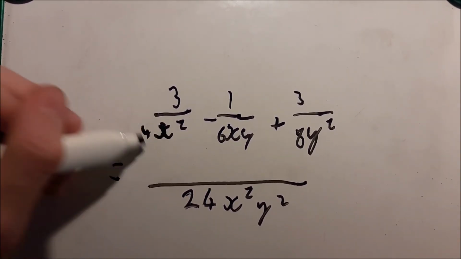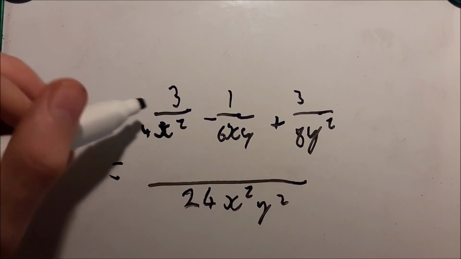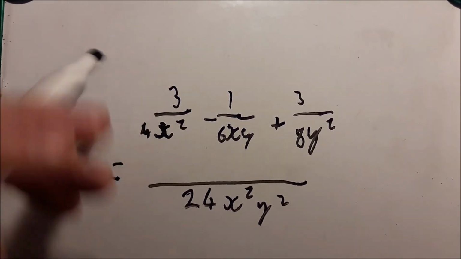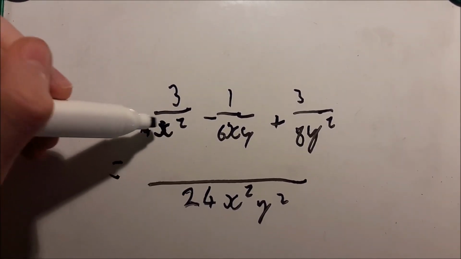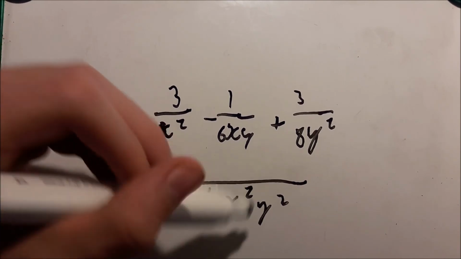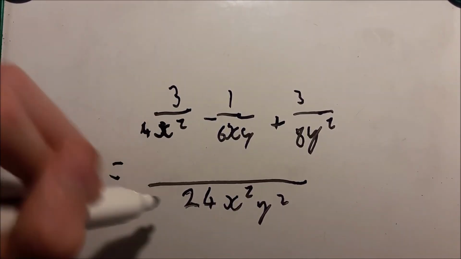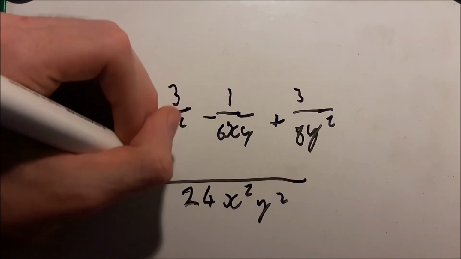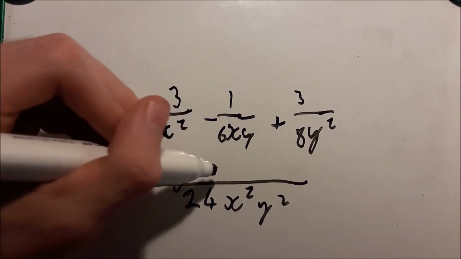Now we have to know, to get 4x squared to 24x squared y squared, we had to times by 6y squared. So 4 times 6 is 24, and then y squared.